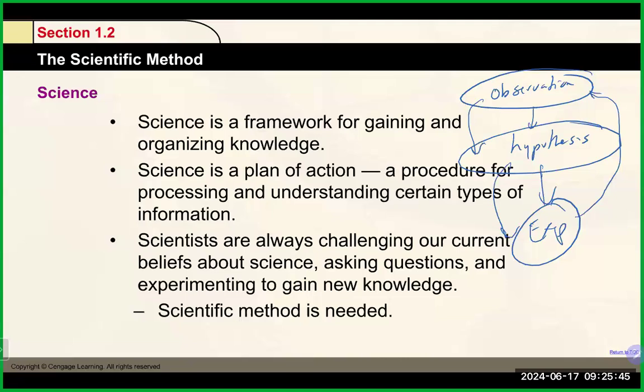Ideally, the ultimate goal here is that at some point you hit a theory, or maybe some type of law that will come out of that investigation. And there's a difference between a theory and a law in terms of their meaning.